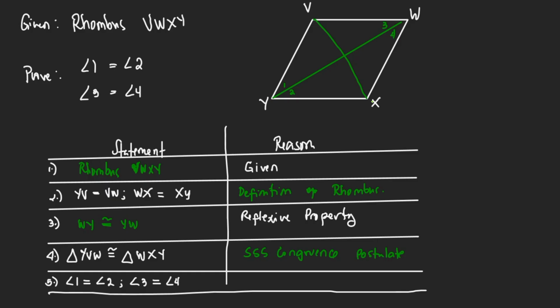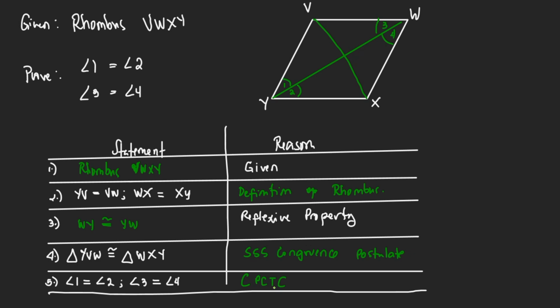Now, based on our statement number 4, we can conclude that angle 1 and angle 2 are congruent, and angle 3 and angle 4 are also congruent, by applying CPCTC. That means corresponding parts of congruent triangles are congruent.